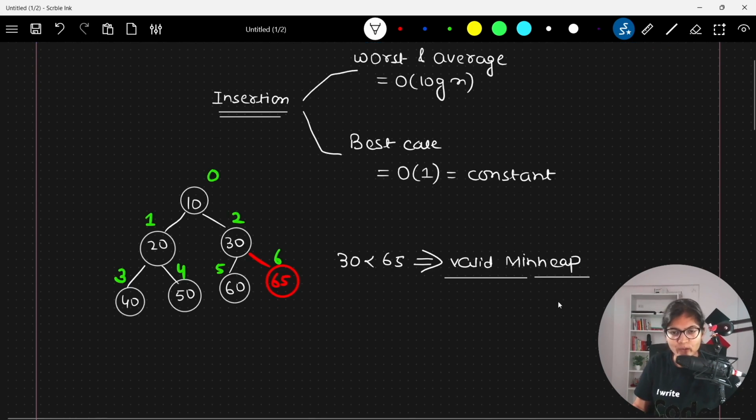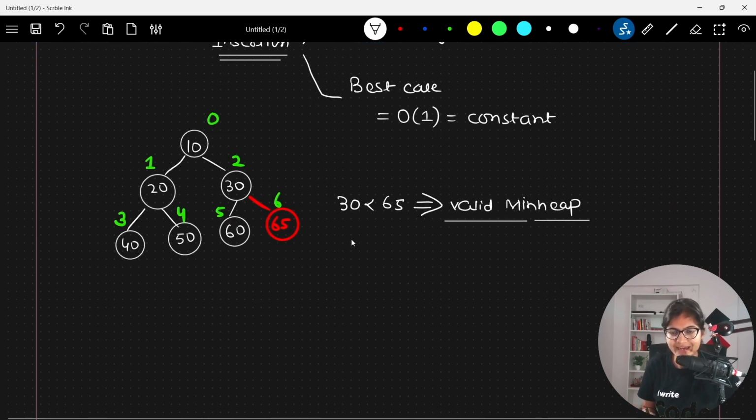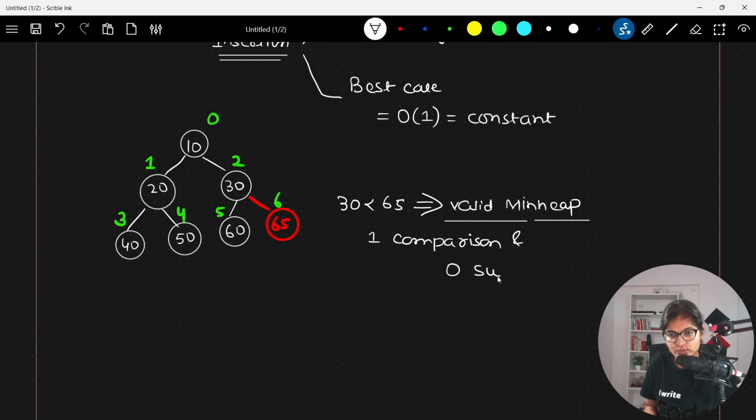Even after doing one comparison, how many comparisons did I do? Just one comparison, and zero swaps. So only a single comparison is required in order to get a valid Minheap. So this is a kind of best case scenario where the time complexity will be equal to constant.